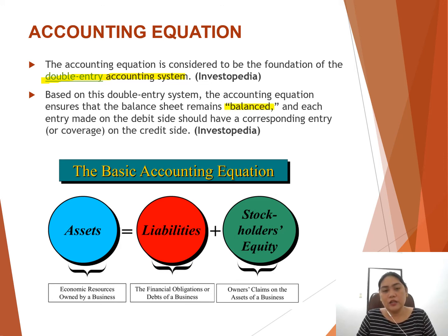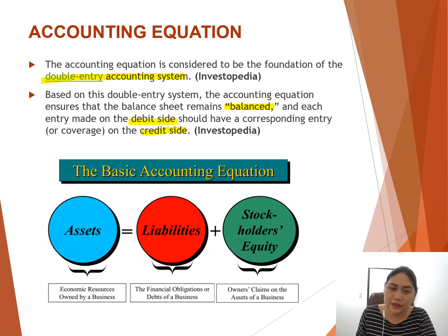Okay, and each entry made in the debit side should have a corresponding entry on the credit side. That's why it is called double entry accounting. Kasi nga, di ba, pagka daw may debit ka, dapat meron ka ring credit. And then, in every debit and in every credit, dapat balance sila palagi.